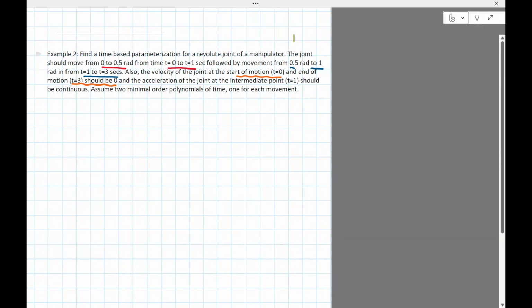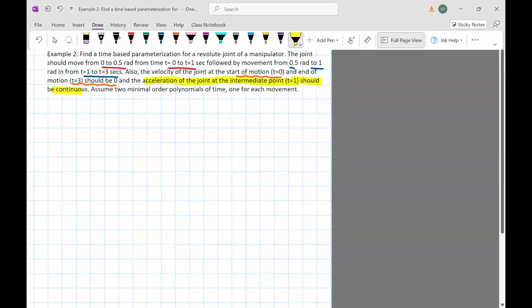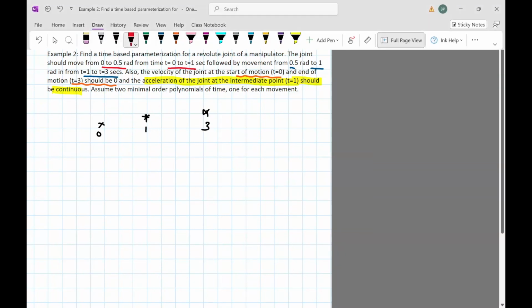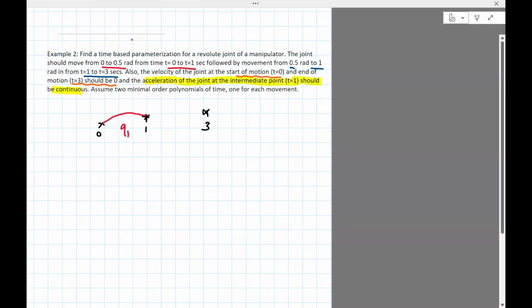You've been told that the acceleration of the joint at the intermediate point should be continuous. Okay, so again we have 0, 1, and 3. We'll connect this with a curve Q1, connect the second one with a curve Q2. We need to set up the conditions.